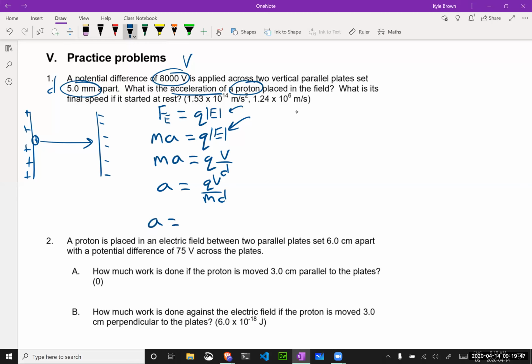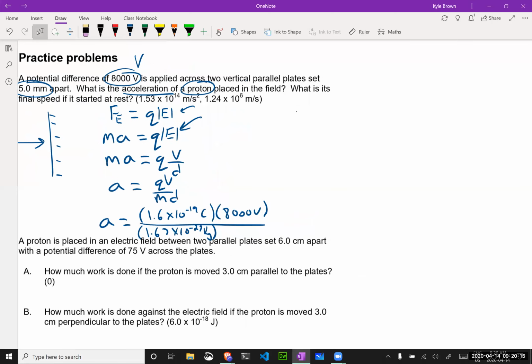So we'll say the acceleration is equal to, the charge in the proton is 1.6 times 10 to the negative 19 coulombs. My voltage, it told me, was 8,000 volts. All over, the mass of a proton is 1.67 times 10 to the negative 27 kilograms. And it told me that it's 5 millimeters apart.